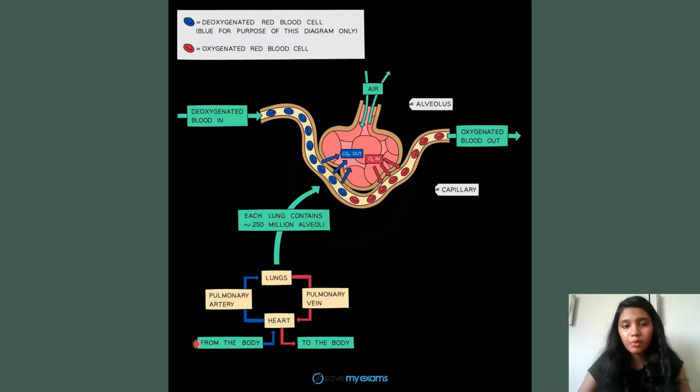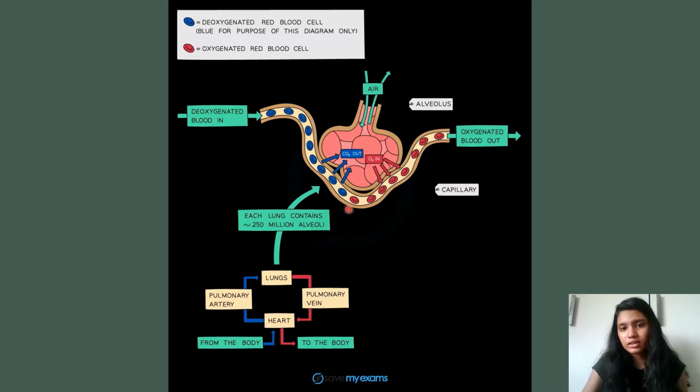Deoxygenated blood from the body enters the heart via the vena cava. It enters the right atrium. Then it passes through the tricuspid valve and enters the right ventricle. The ventricles contract and it passes through the semilunar valve, and the deoxygenated blood enters the pulmonary artery, which carries it away from the heart towards the lungs.